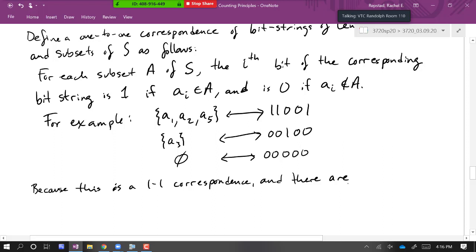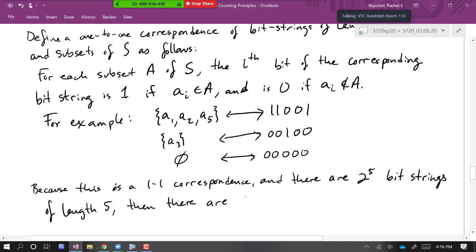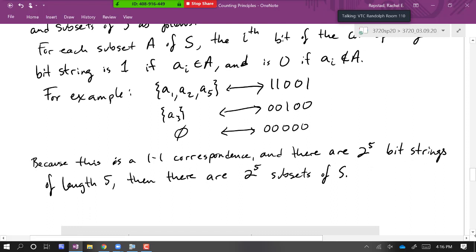And as we deduced on the last page, there are 2 to the 5th bit strings of length 5. Then there are 2 to the 5th subsets of S. And of course, more generally, there are 2 to the k subsets of a set with k elements.